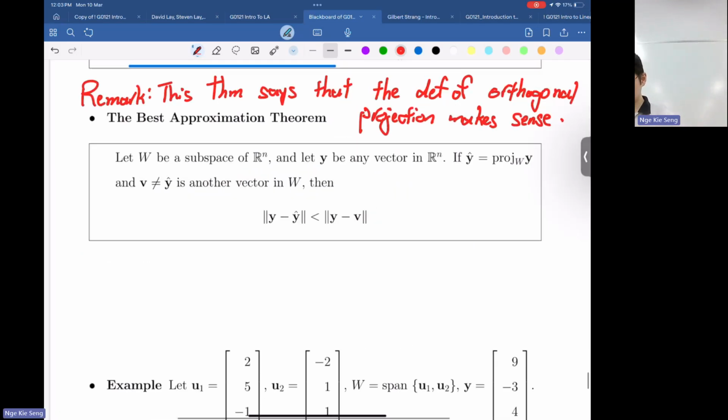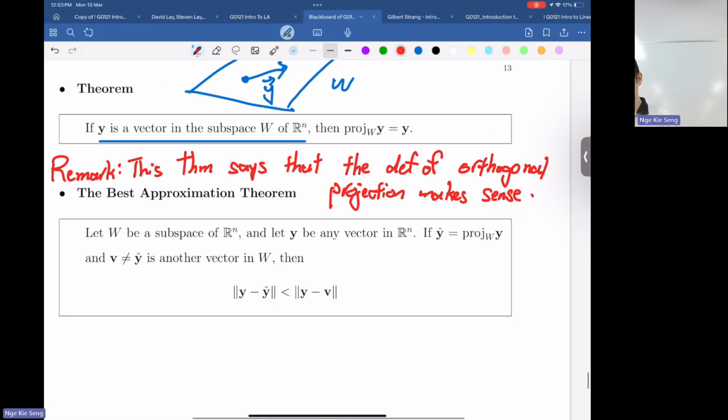Okay, next, the best approximation theorem. What does it say? If W is a subspace of Rn, and let y be any vector in Rn. If y hat is the projection of y, and v is not equal to y hat, then the length of y minus y hat is less than the length of y minus v. What does this mean?